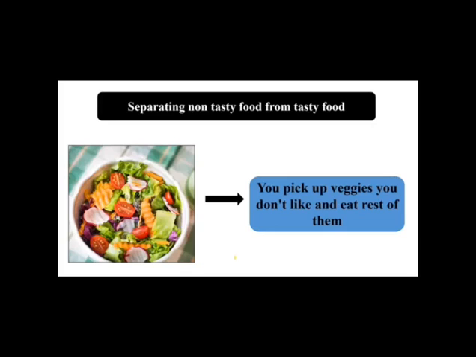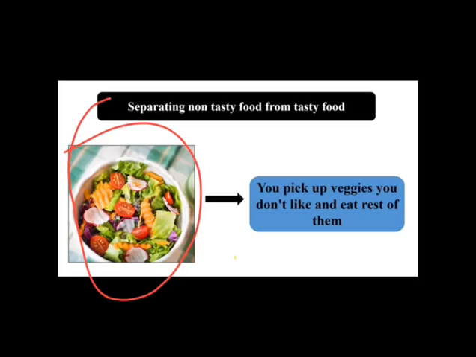What is this? This is a bowl of vegetables, and your mother wants you to eat these vegetables. But if you don't like some of the vegetables given to you, what will you do?